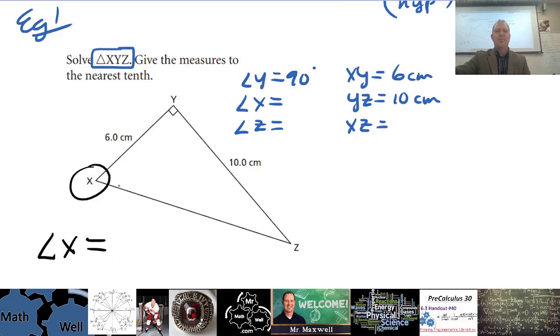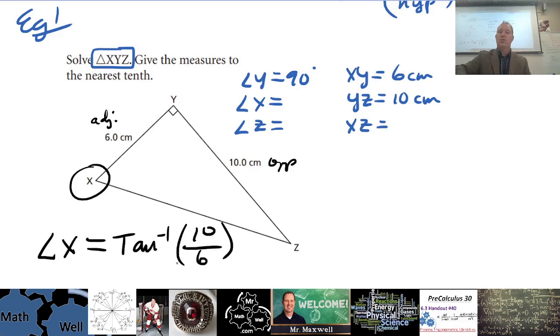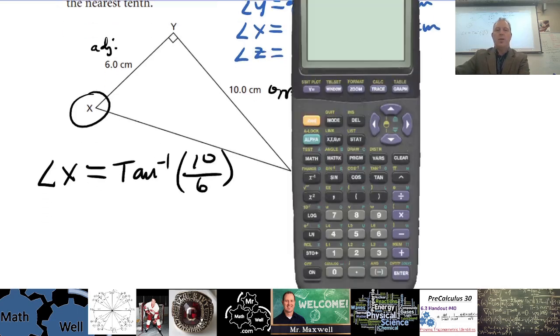I am given the opposite side and the adjacent side. So what is opposite and adjacent? SOH CAH TOA. Oh, guess what? Tan to the negative 1 of opposite over adjacent, 10 over 6. You can go straight there. And so let's jump on our calculator.